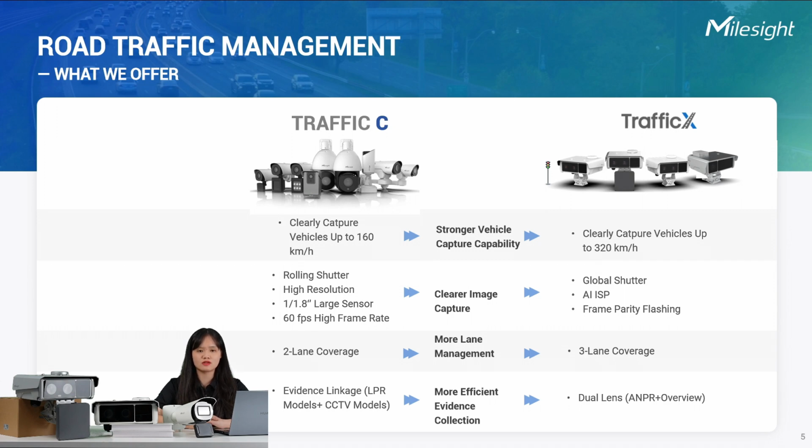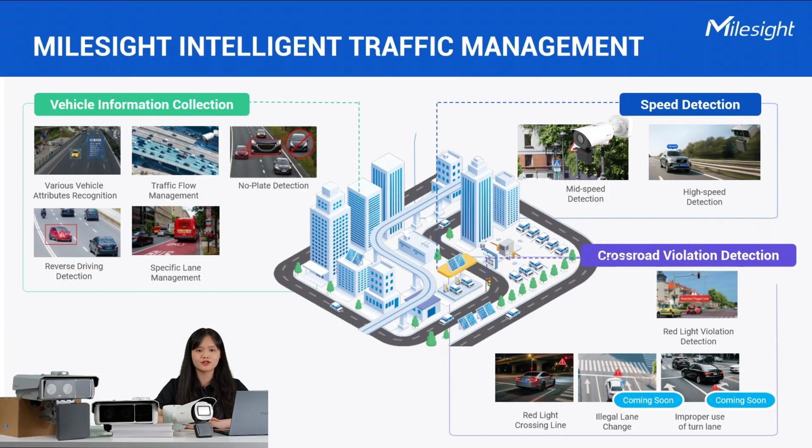And combining these series together, we currently can achieve three main applications on the road. Firstly, vehicle information collection, from vehicle attributes to license plate to vehicle behavior. Secondly, speed detection. Some of our cameras are equipped with radar and vision fusion, Radar V technology, to achieve intuitive and correct speed detection and speed data collection.